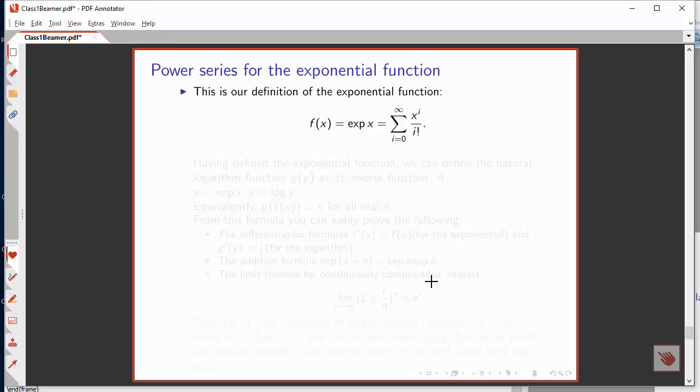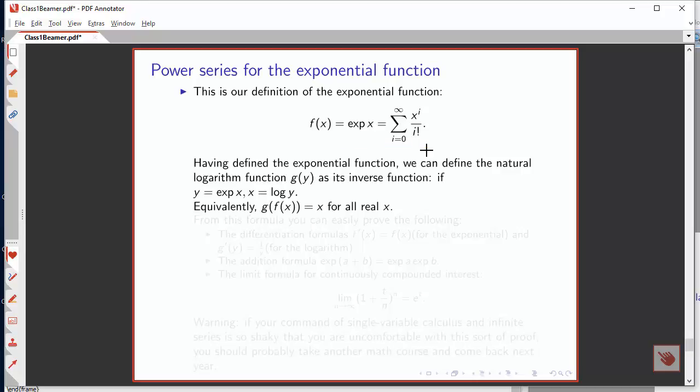Finally, a bit of mathematical nicety. How are we actually defining the exponential function? Well, the definition used in the Dineen textbook is that the exponential function is defined by its Taylor series. It's the sum from i equals 0 to infinity of x to the ith power over i factorial.